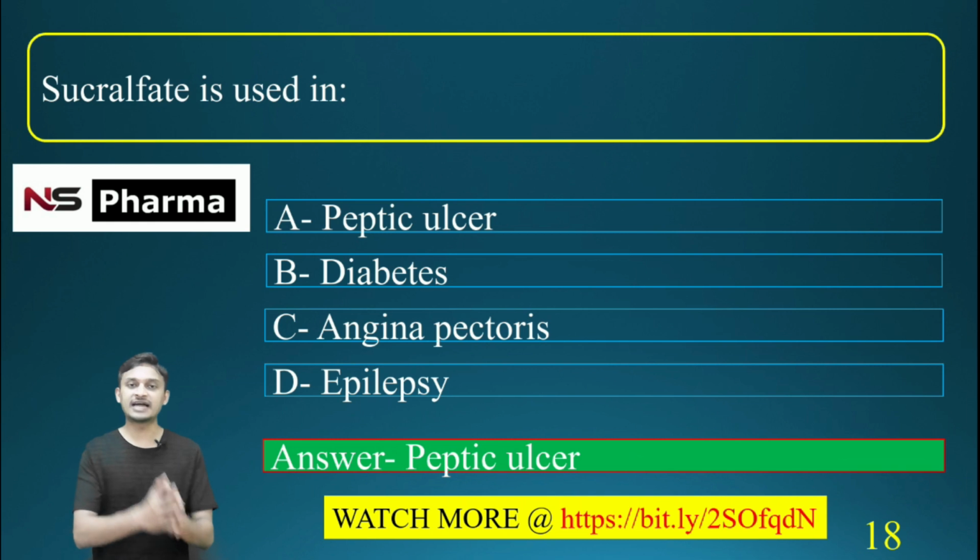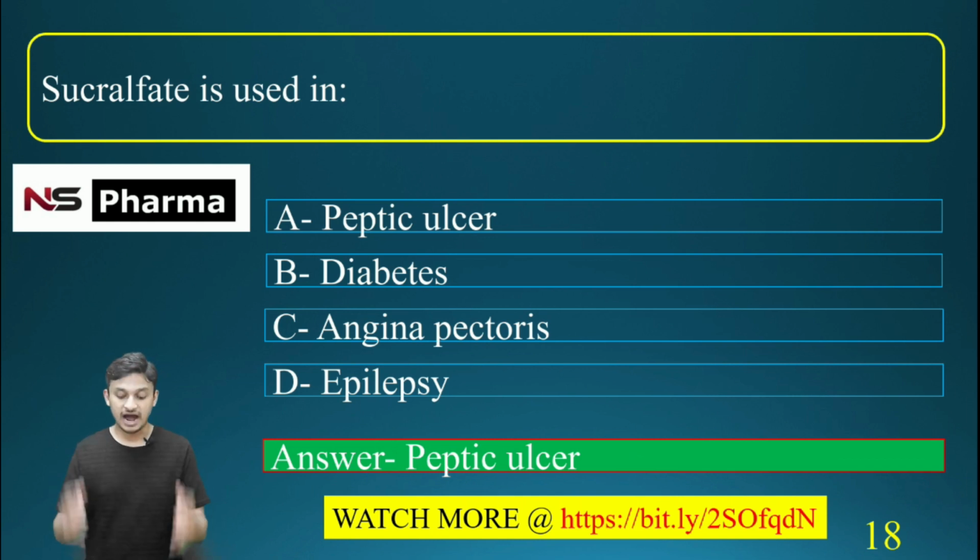Another drug is CBS, colloidal bismuth subcitrate, which also comes under the class of ulcer protectives.